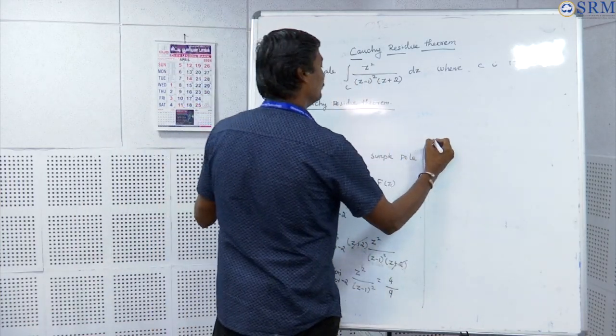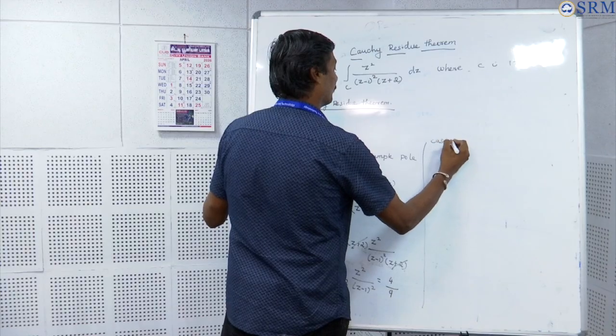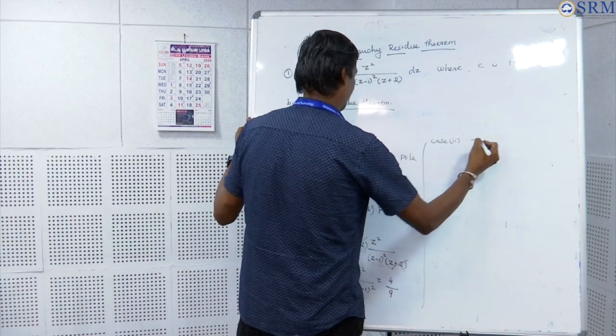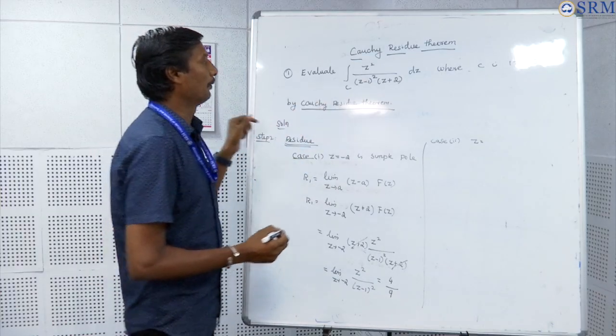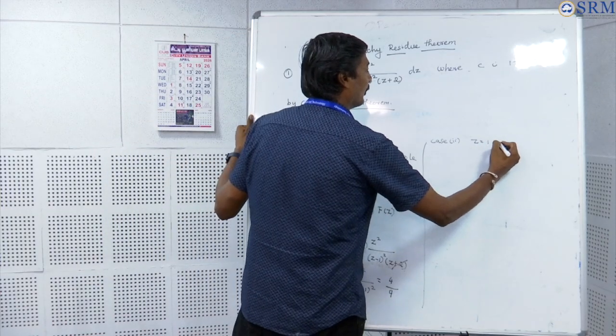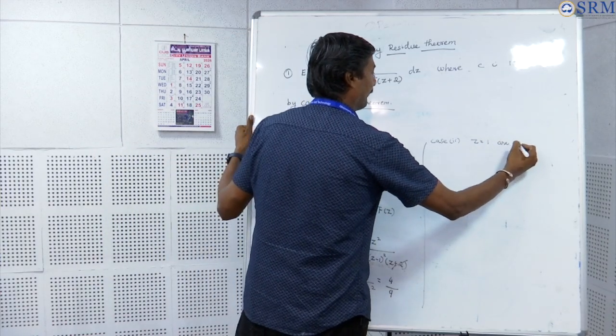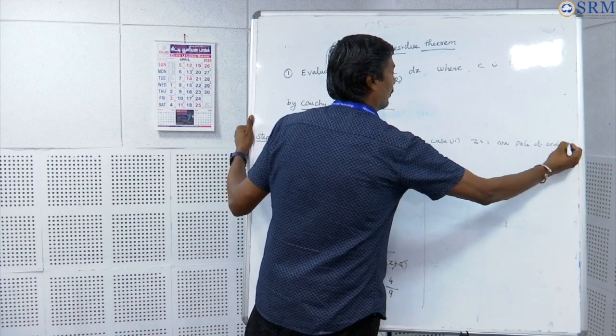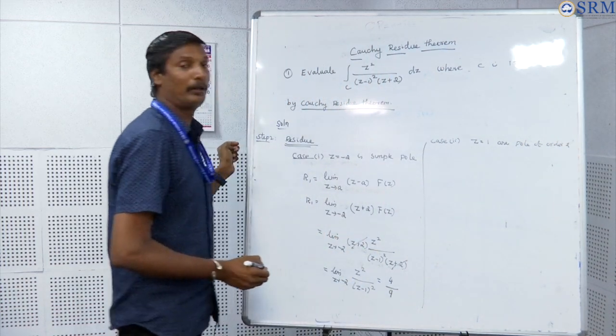Next, case 2: z equal to 1 is a pole of order 2.